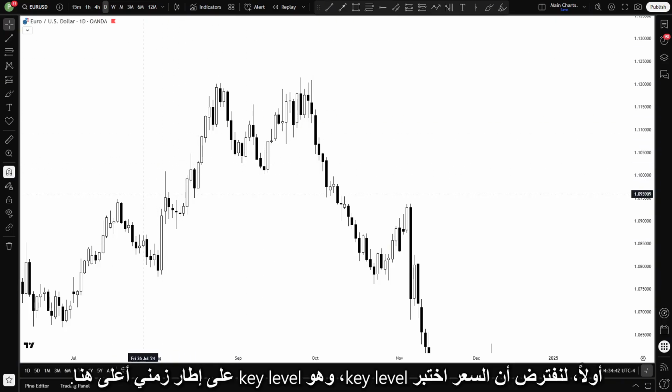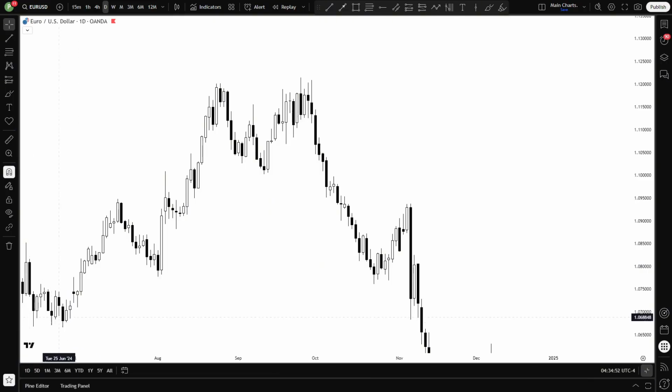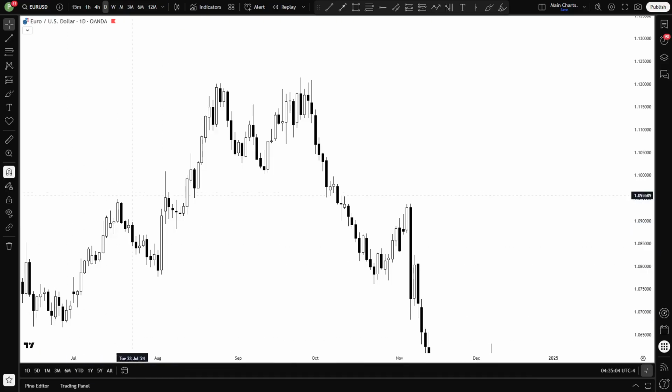So first of all, let's assume price tested a key level, a high time frame key level right here, and from that high time frame key level, we had this expansion. Now you might be wondering, Sham, we haven't yet discussed key level, or we don't know about key level yet, and how could this move begin from here.